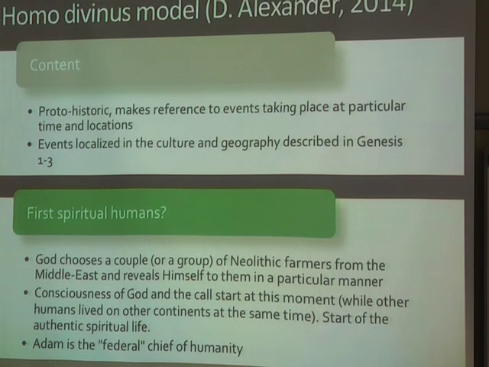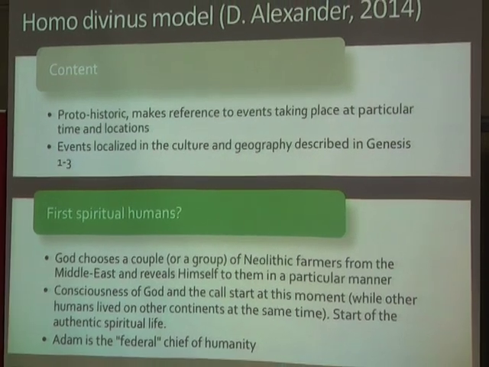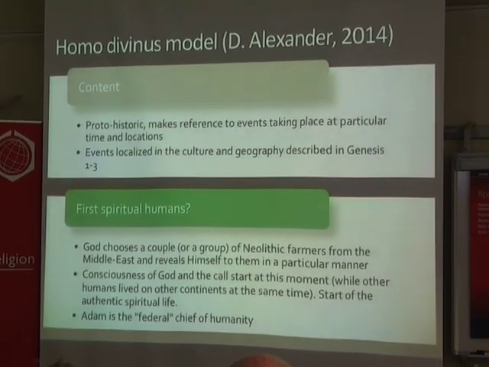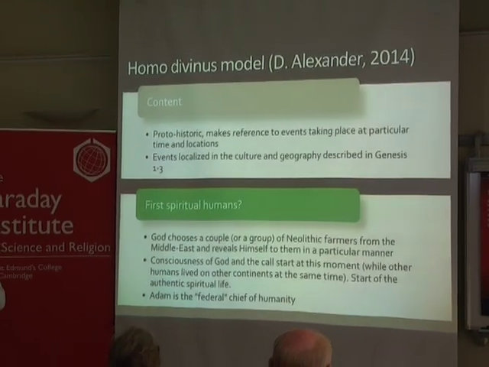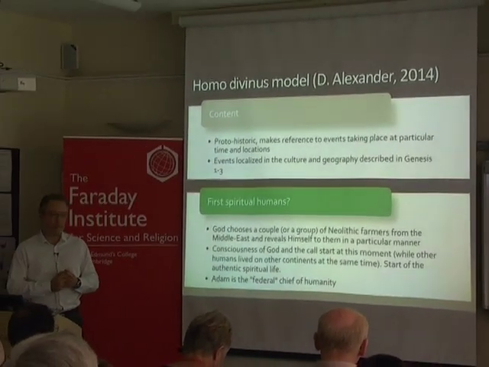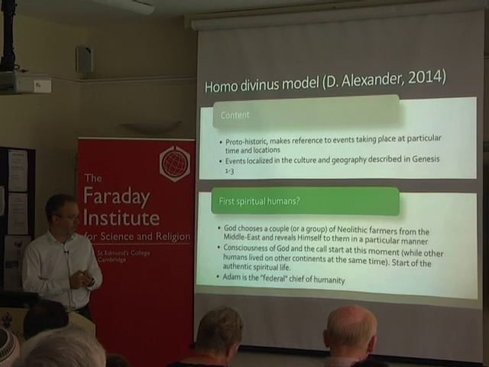The Neolithic is the period where agriculture started, so 10,000 to 8,000 years ago. So God chose a group or a couple of people from these Neolithic groups in the Middle East and reveals himself to them in a particular manner. And that's really the start of the very special relationship that humans have with God.